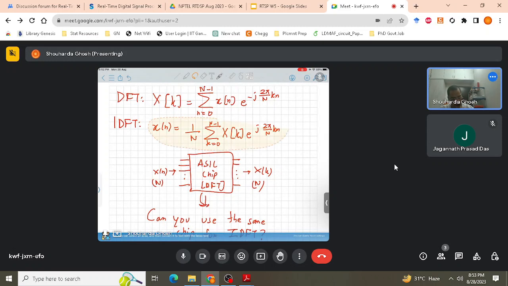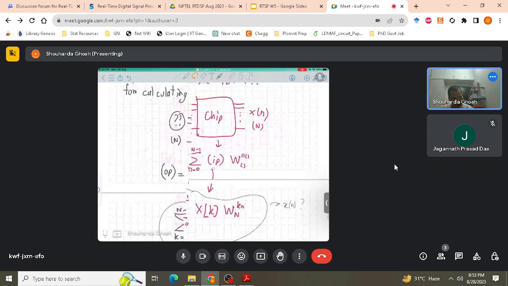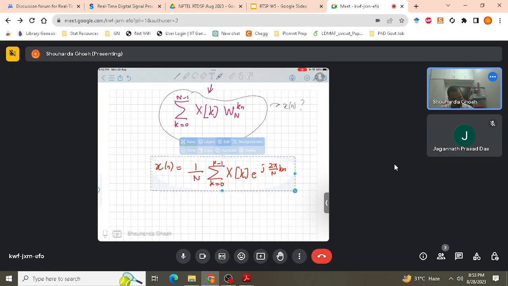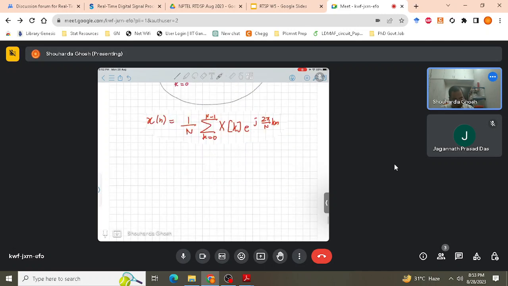We need to look at this equation also. Okay, so now let us look at this equation carefully.